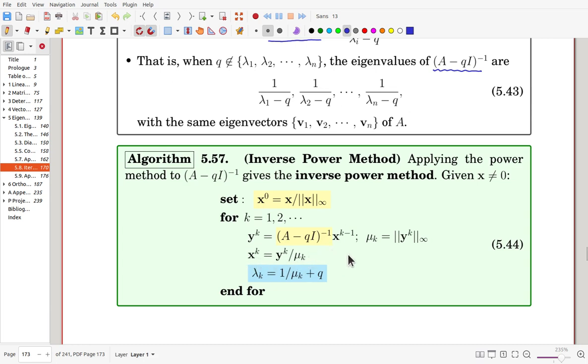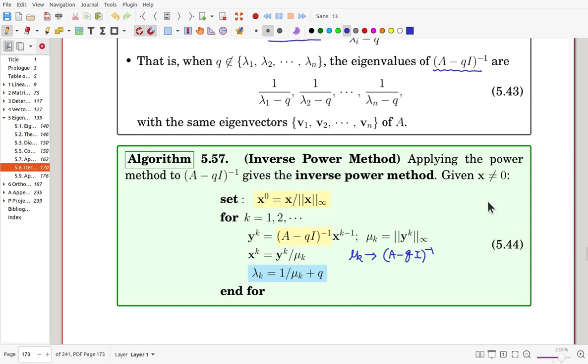In this case, mu k will approach one eigenvalue of that matrix, right? So it's related with (A − qI)⁻¹.